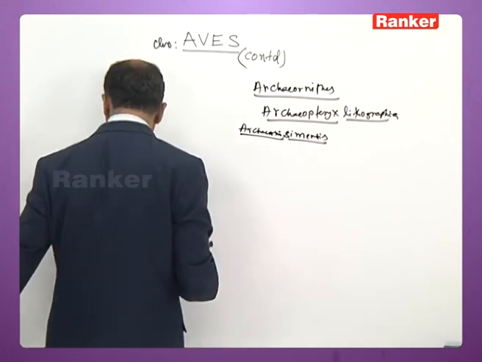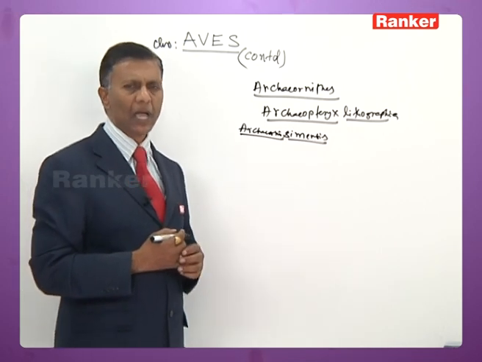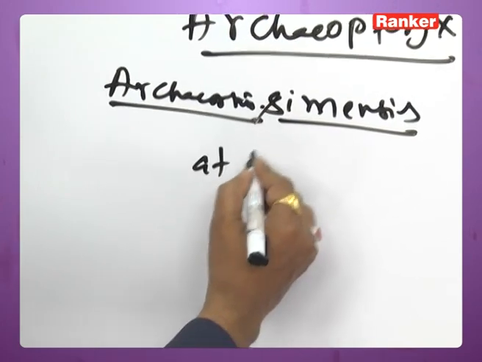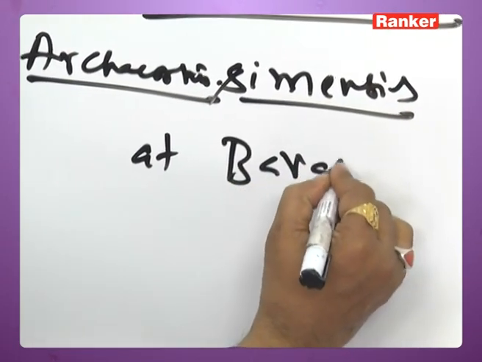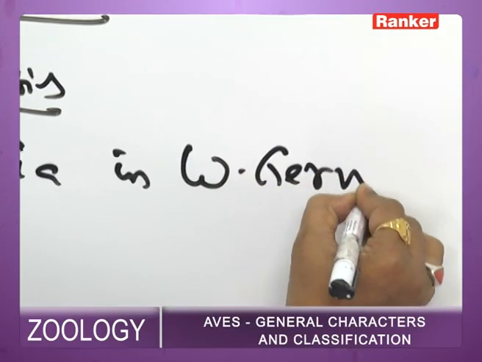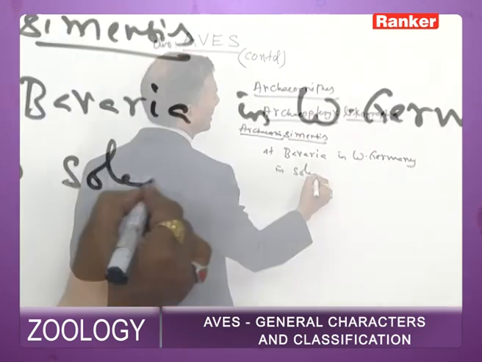Now this bird is the connecting link between reptiles and birds. The fossil was found at Bavaria in West Germany, in Sollenhofen slate.